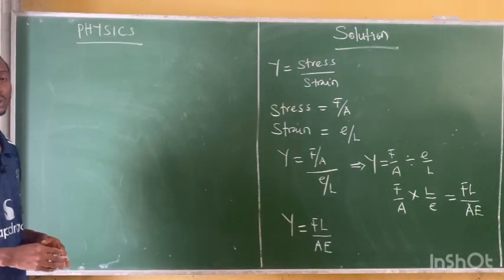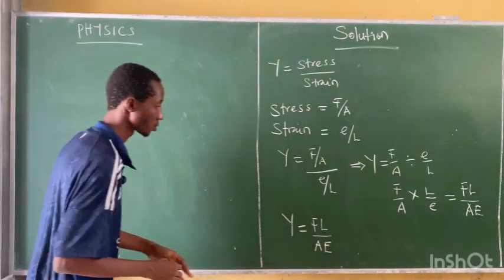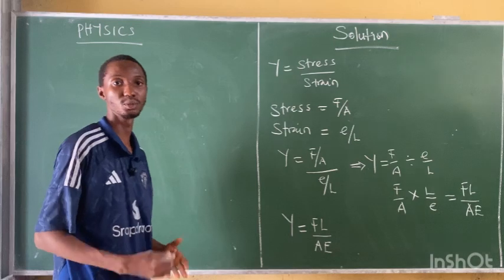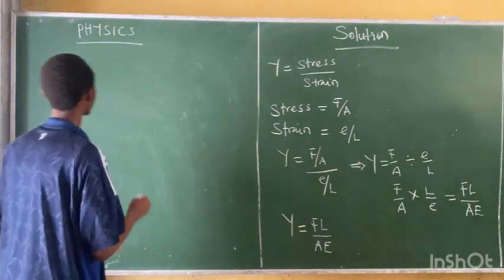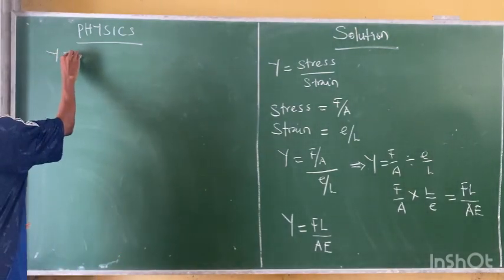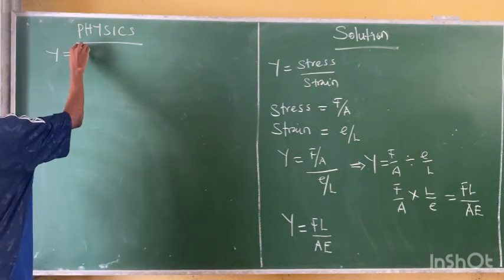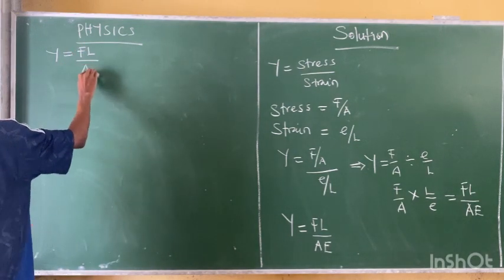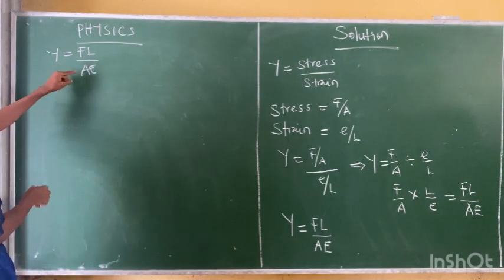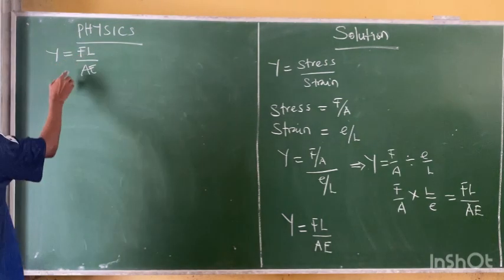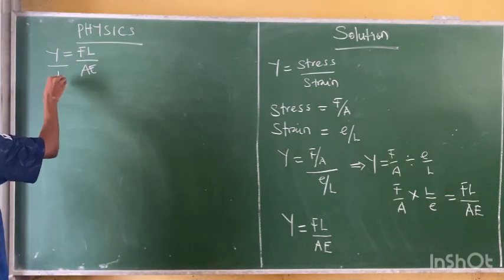The question said we should find the force. So from this equation, we'll make force the subject of formula. Y is equal to FL over AE. When we make force the subject of formula, we're going to cross multiply. This is the same as Y over 1.